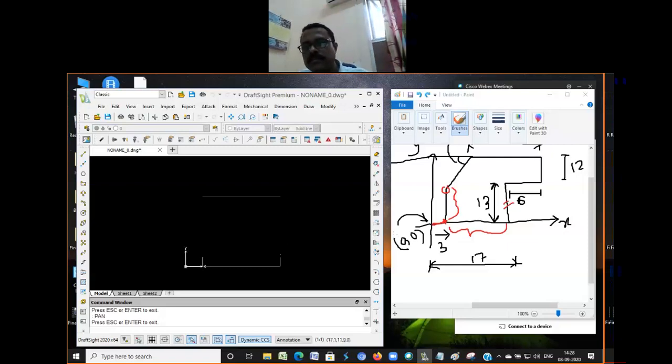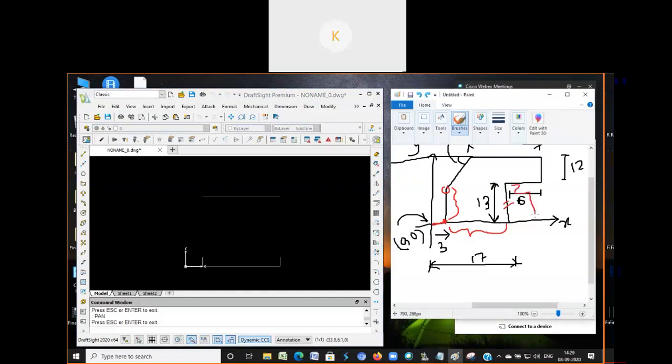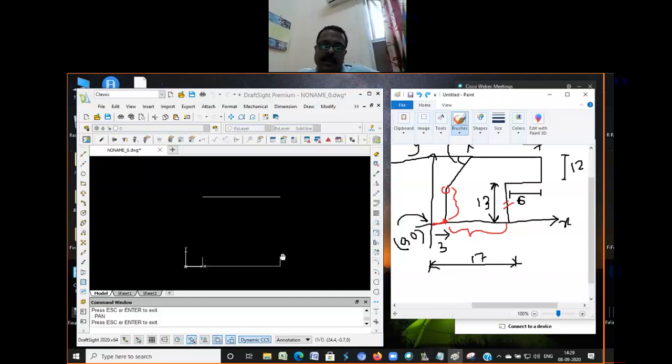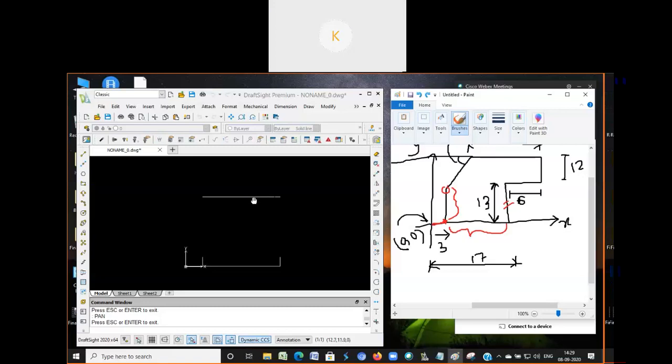Yes or no? This much is 13. So I have my line, this one, and this should go up to here. This is my 13 millimeter line.